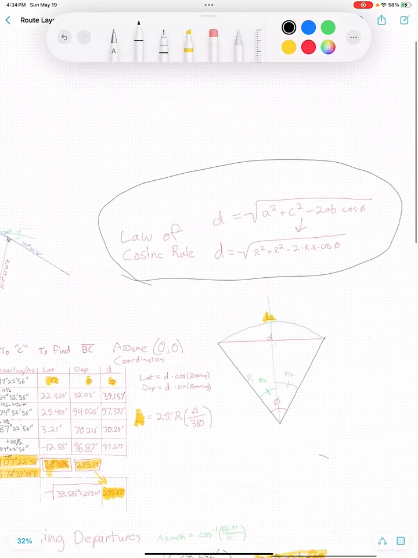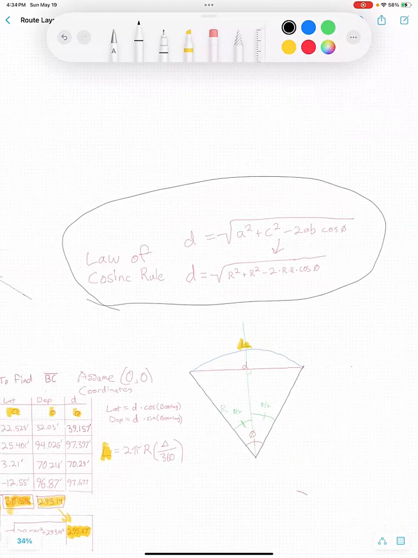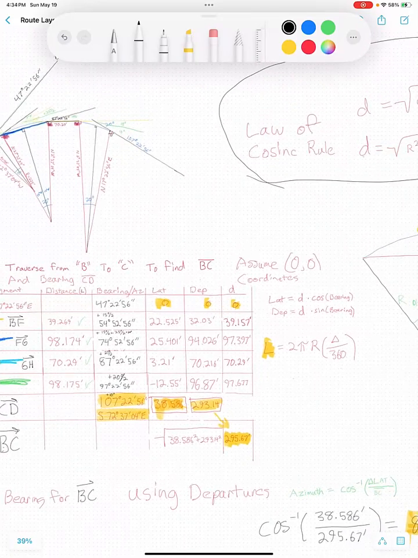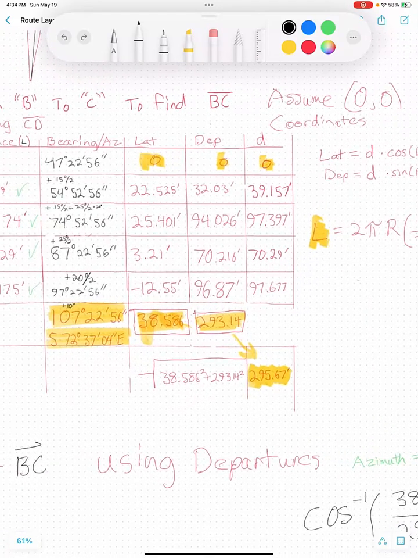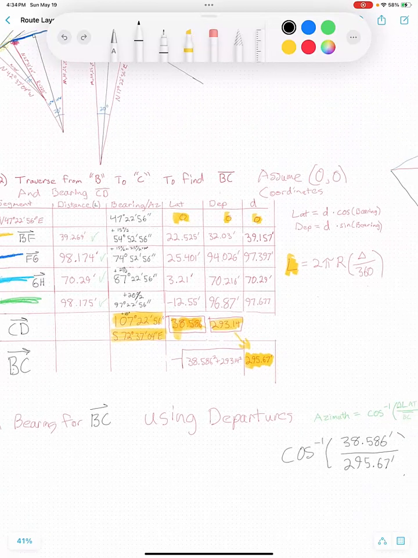And using that, we now calculate that little d using the law of cosines. Okay? So now we have latitudes and departures calculated, and those linear distances as well. That's how we add and sum all these up to get our overall departure, and then that overall distance. That overall distance came from the square root of the latitude and the departure squared, or the square root of the sum of the squares of those two.